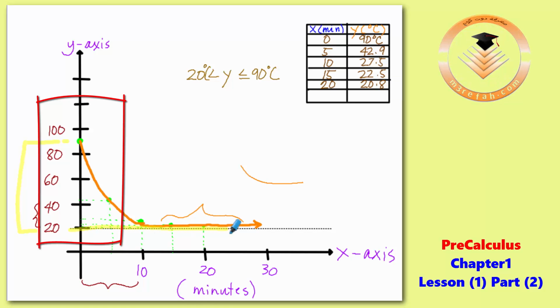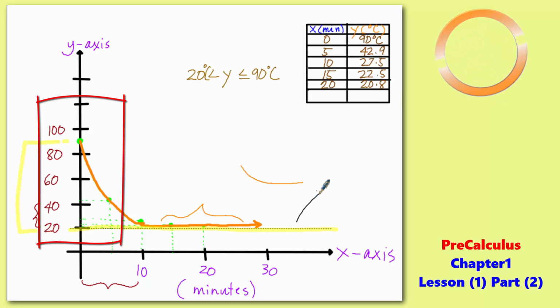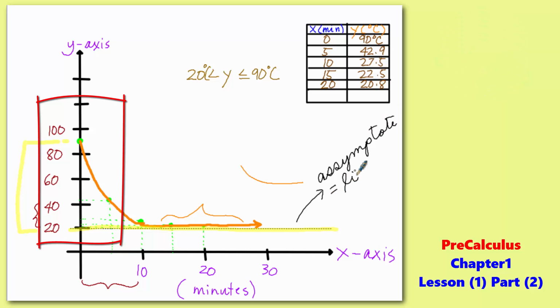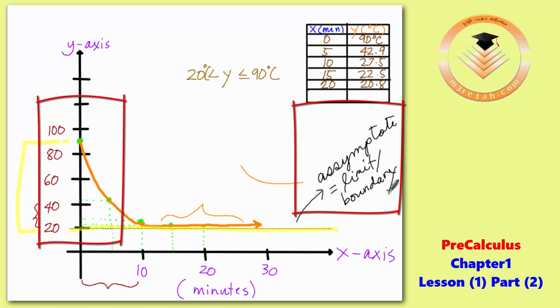Now this broken line is what we call, in mathematical terms, an asymptote. This is the limit or the boundary of a certain value. Now, you cannot reach that. You can only approach that, but you can't reach it.